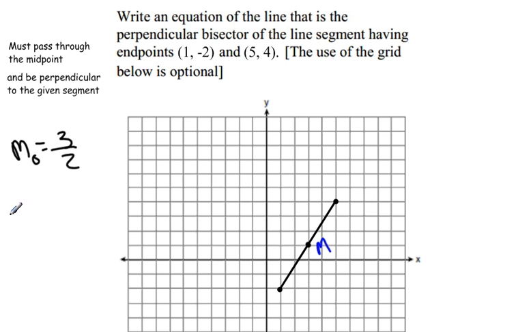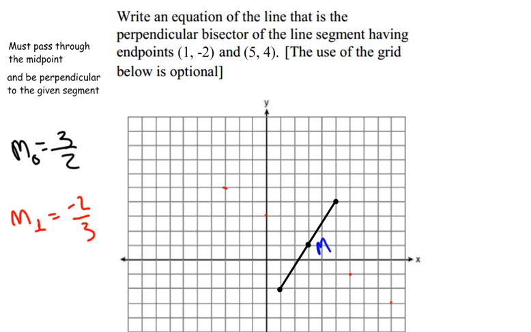Well, we've been over this, right? We've talked about perpendicular lines before. The slope of the perpendicular bisector should be -2 over 3 because it has to be the negative reciprocal of the original. So my perpendicular bisector, if I were to draw it, I'm going to start from the midpoint because it has to pass through there, and I'm going to go down 2 over 3, down 2 over 3. And I'll do the same going backwards.